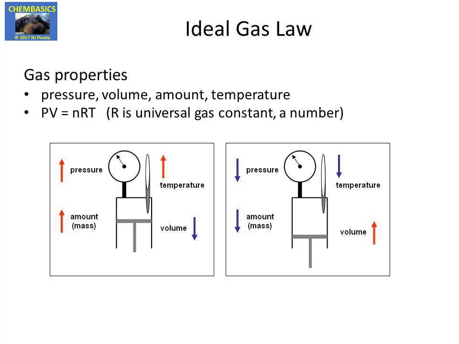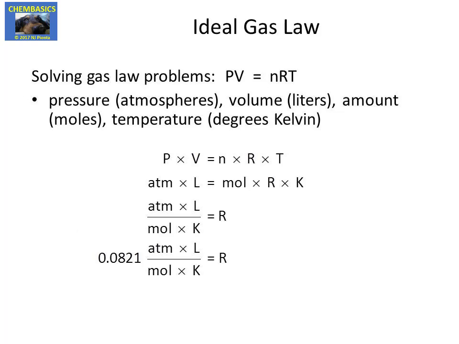We can use the ideal gas law because if we know three of the four variables, we can calculate the last one. So the ideal gas law enables us to determine some properties given other ones about a set of circumstances.